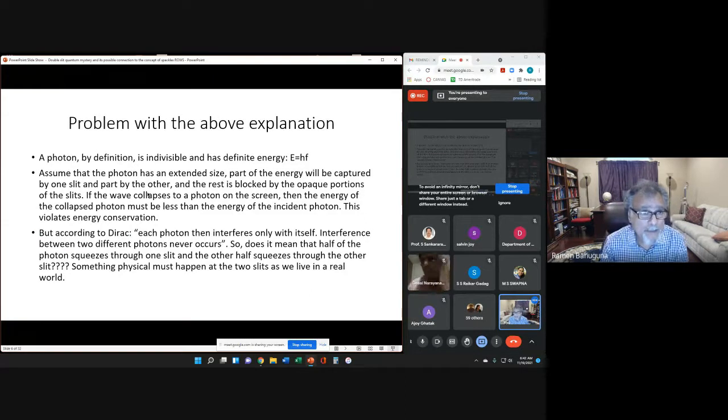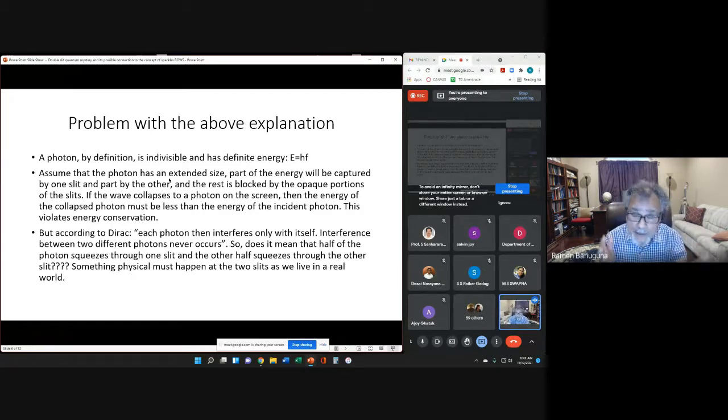Now, the problem with the above explanation is that a photon, by definition, is indivisible. It has the energy hf, according to Einstein's formula. Now, let's assume that the photon has an extended size. Part of the energy is going to be captured by one slit, and part of the energy will be captured by the other slit.